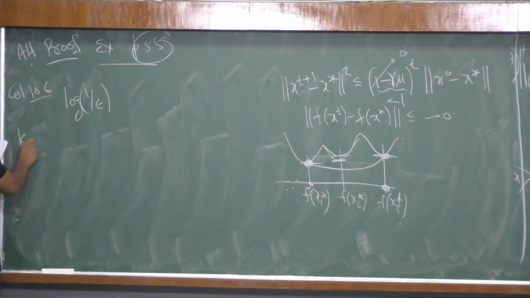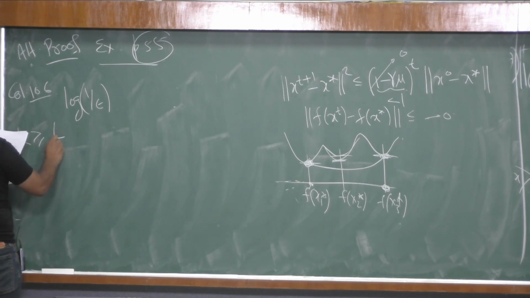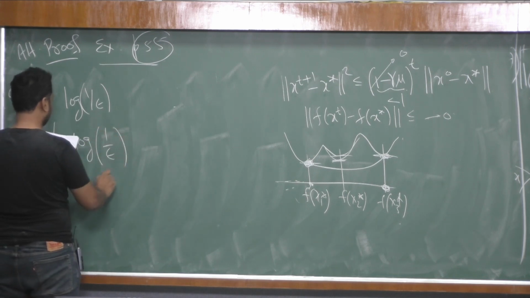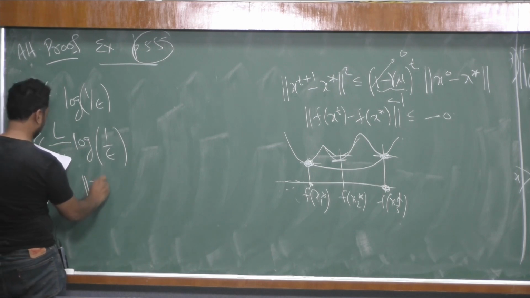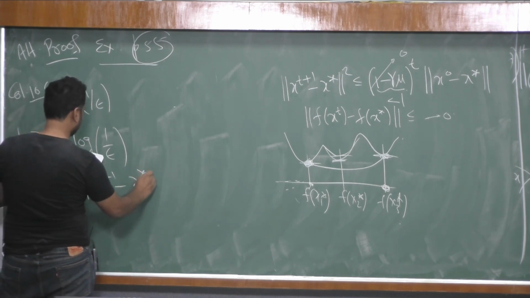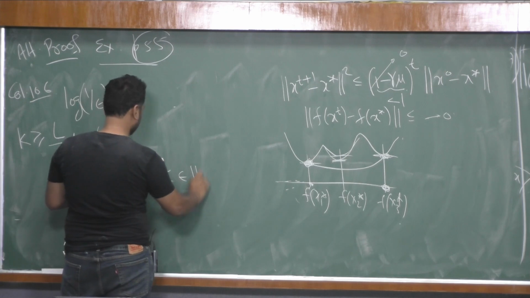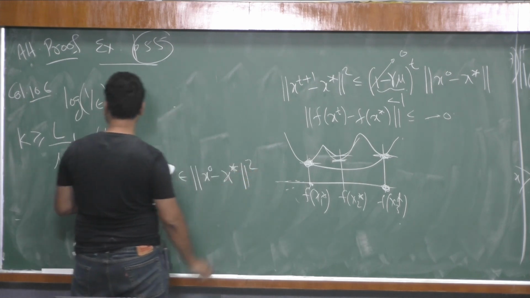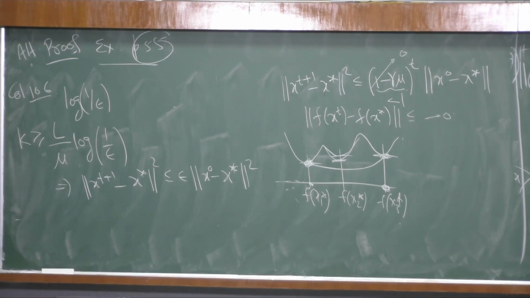This implies that if your iterations are greater than or equal to L by mu log 1 by epsilon, then you ensure epsilon accuracy: the norm of x_{t+1} minus x star is less than or equal to epsilon times the norm of x naught minus x star. So these are the complexity results. When you develop algorithms, you say my algorithm is log 1 by epsilon complexity. This is how you compare algorithms.